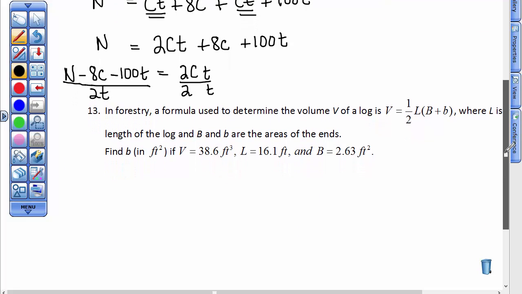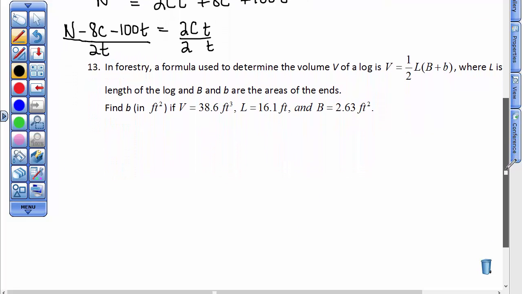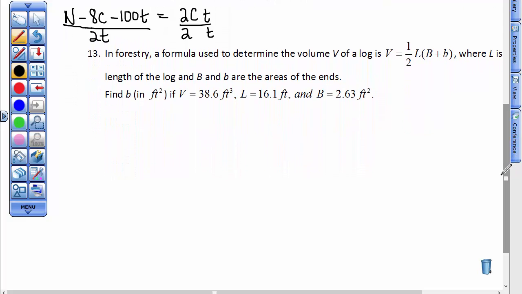Wanting to keep this from going on too long, here's a forestry formula. This is a formula for the volume of a log based on the length of the log, where L is the length of the log, and B and little b are the areas of the ends. That's because a log doesn't have the same diameter on either end.